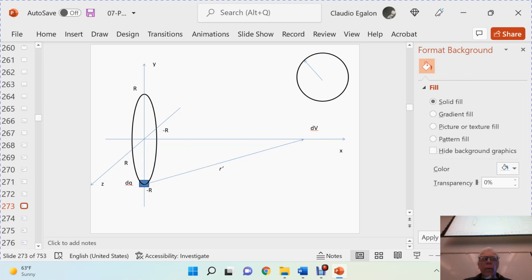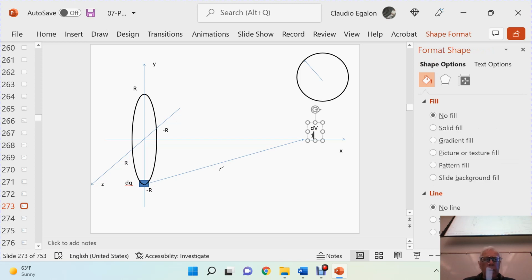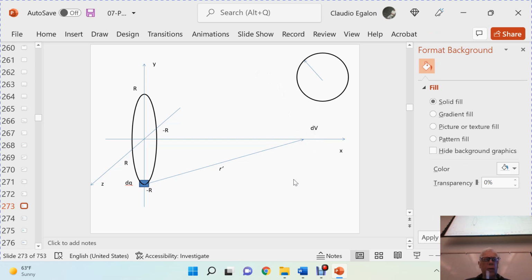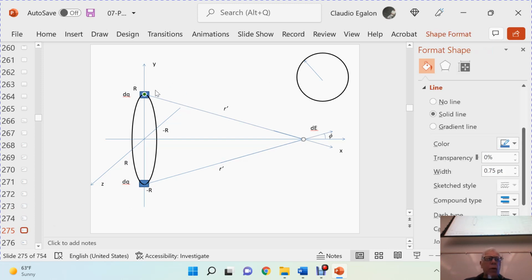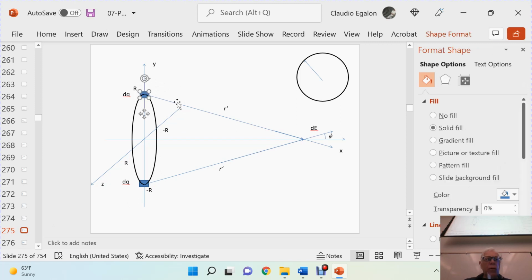Let's call that dV1. Now let's simplify the notation. Then we have the contribution of this other one. Notice that because we're not dealing with vectors, it's going to be much easier to solve the problem.